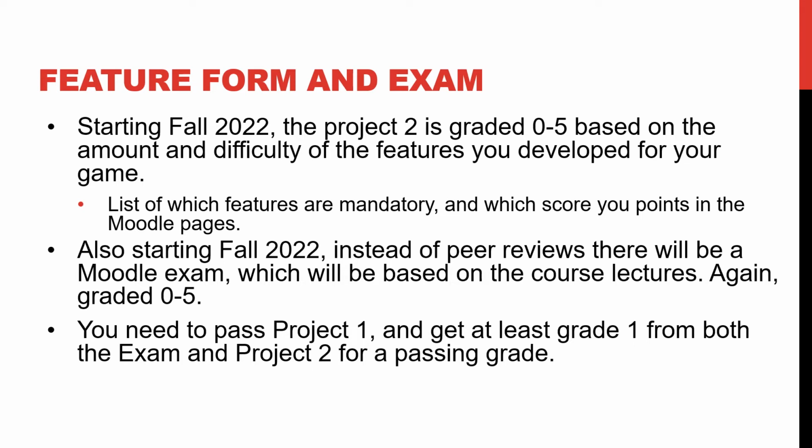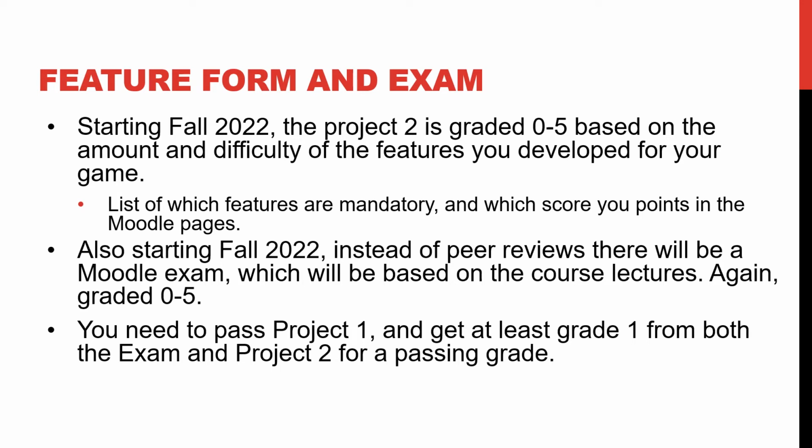Go there or skip on this video a bit further when we go through the grading. Otherwise, you will need to get at least grade 1 from project 2. You need to complete exam on the theory, which is a new thing for this course, and also you need to get pass from the project 1.